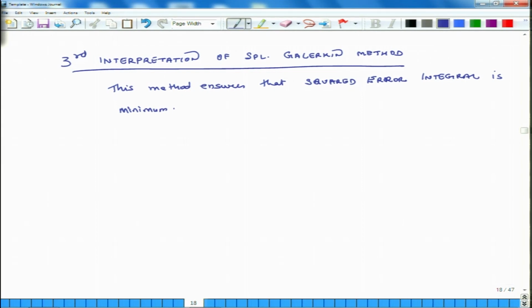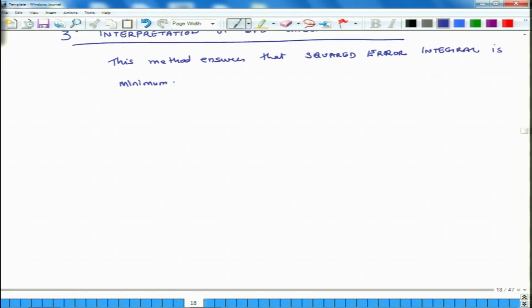So, I first made the statement and now we will look at what it means and why it is like that, and we will explain it using an example.